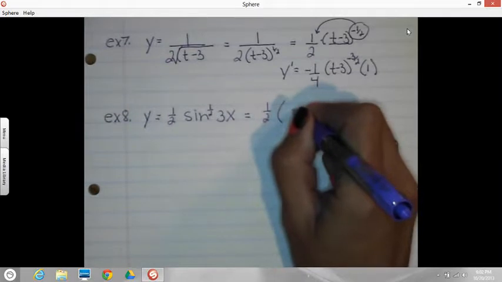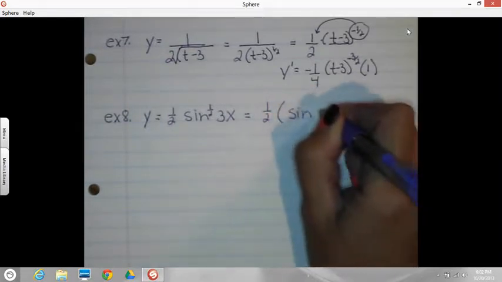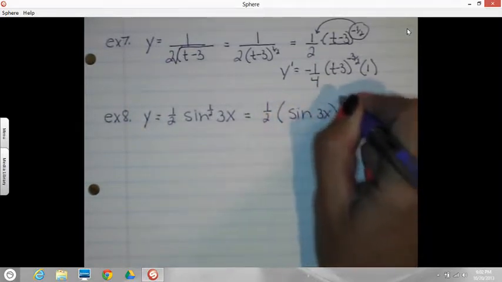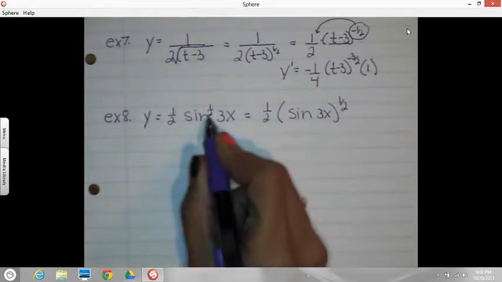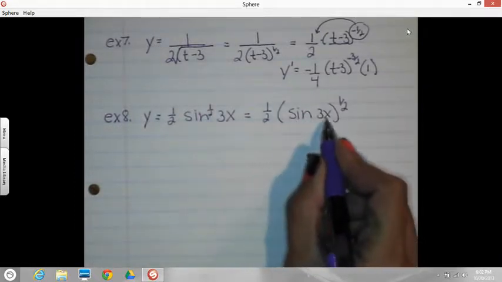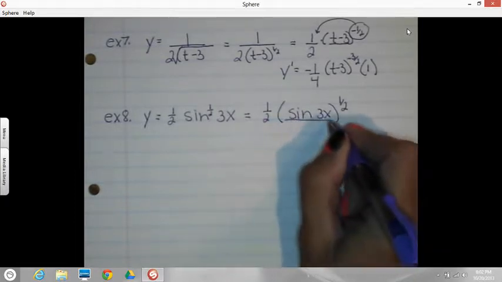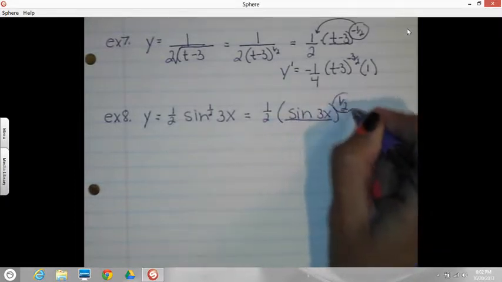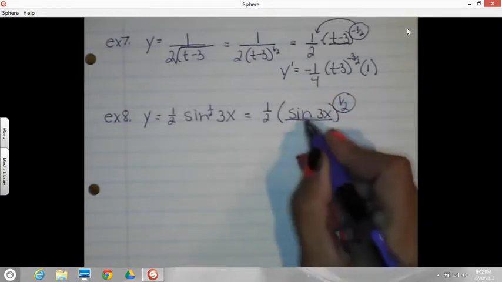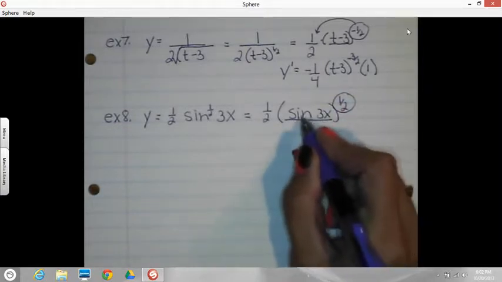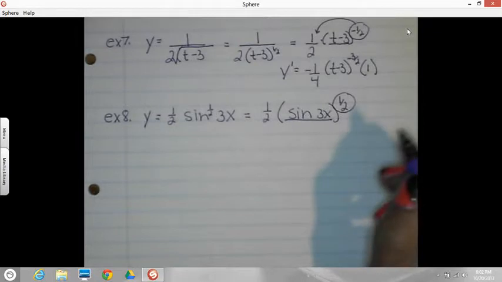So it's the sine of the angle that's to the 1/2 power. This 1/2 is actually around the trig function with this angle. Now I can easily see an inside and an outside. This is the farthest thing out because this one has an inside and an outside within it. So we've got a couple chain rules we're going to have to do here.